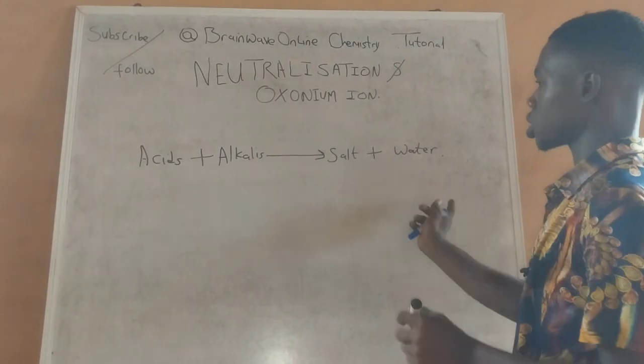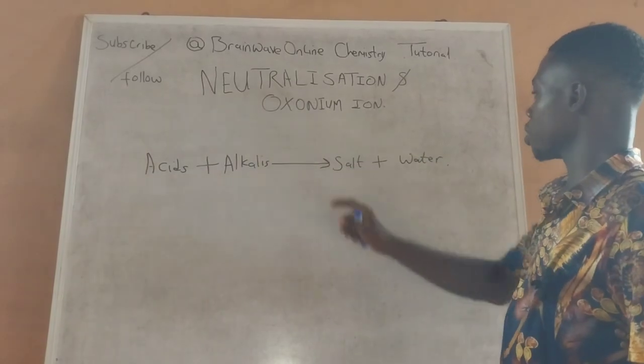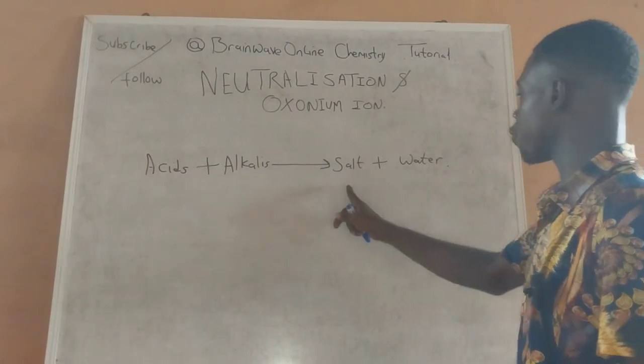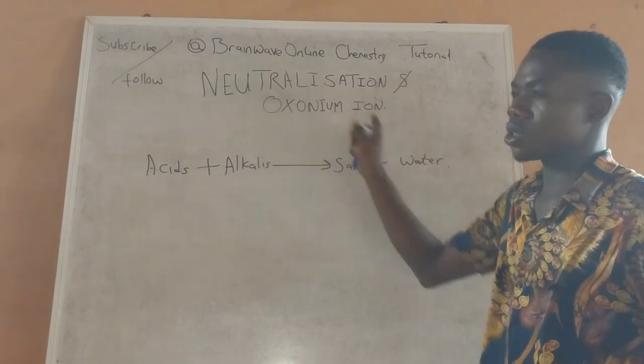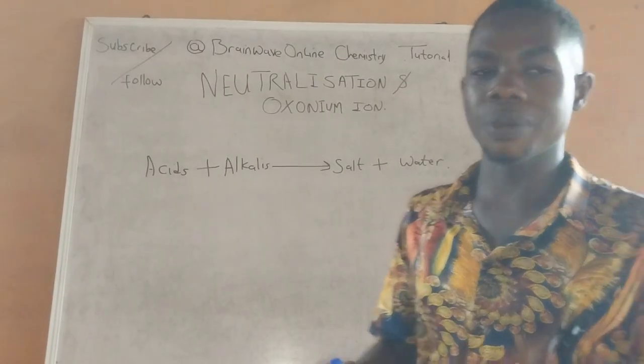So these are the only products that are formed under neutralization reaction. The process of acid and alkali reacting to produce salt and water only is what is referred to as neutralization reaction.